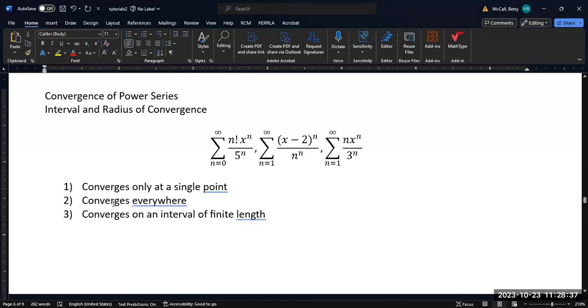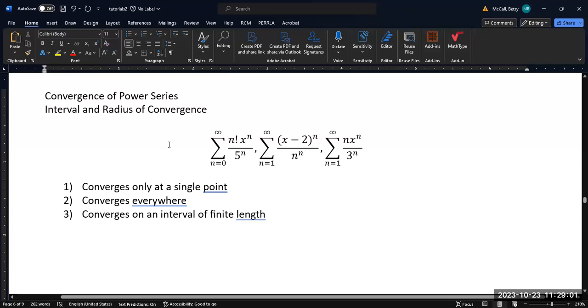But when the power series converges at an interval that is not all real numbers and is not a single point, then you have to worry about whether or not the endpoints are included. And so that takes a few additional steps. So we have three examples here, one of each type, and we're going to go through and analyze them one at a time.